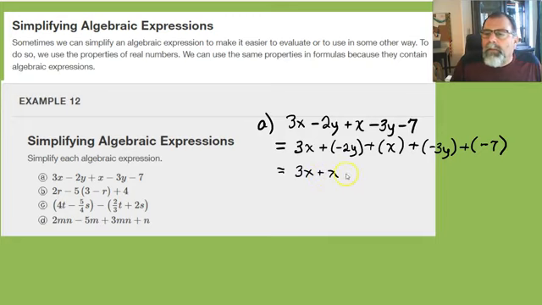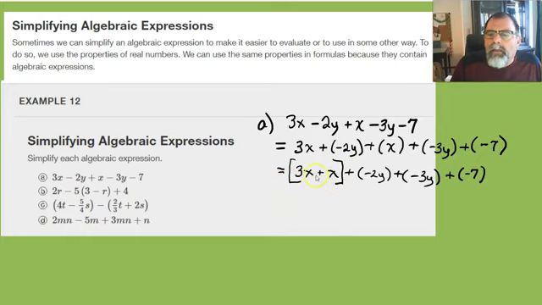Put my x's together, put my y's together. I'm going to leave those in parentheses since they're negatives. Now, we have associative properties, so we can group things. I can do the distributive property in reverse and pull out a 3.